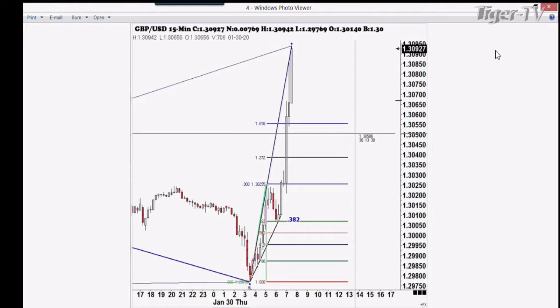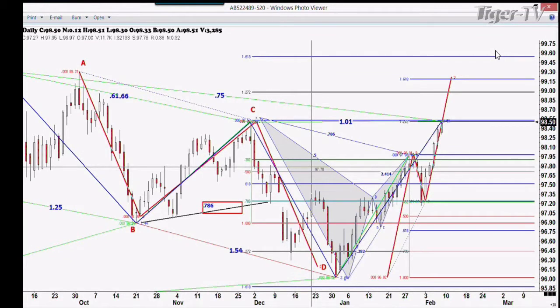But there's one caveat that you have to be aware of, and that is in this U.S. dollar index, because boys and girls, this thing has potential to really get moving. And here's what we're going to see this morning. All righty, here's the ABCD leg. You see that we are just ready to take out the highs from December.